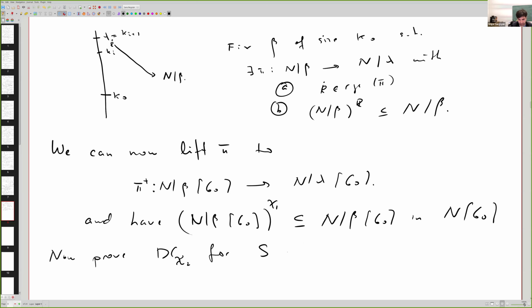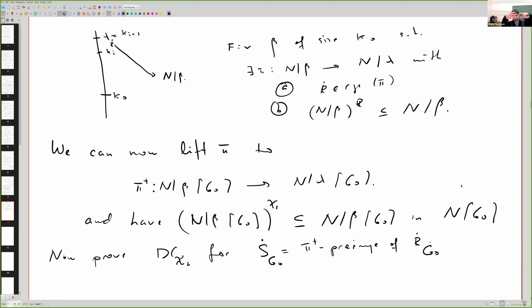For S, the pi plus image of R. Okay, so how are we going to do that for S G0? Right, so how are we going to do that?